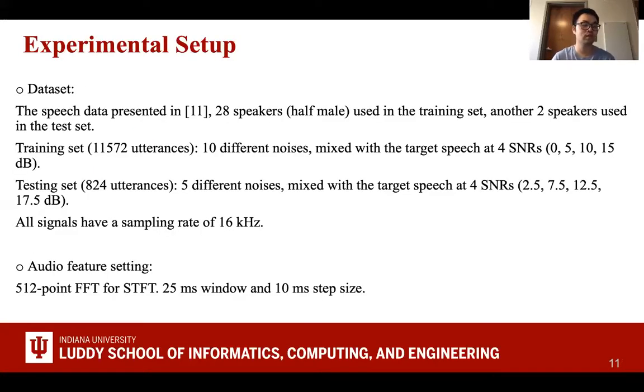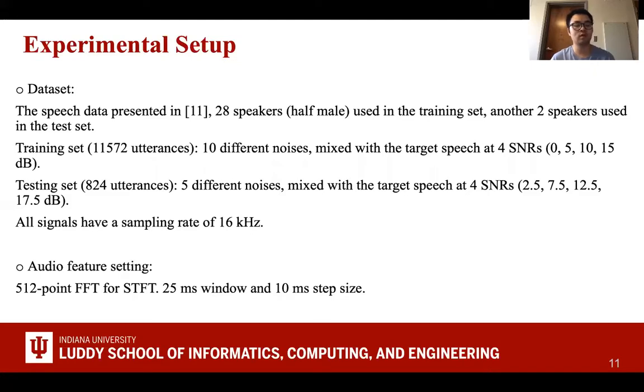So in terms of the experimental setup, the dataset we used is presented in the PIRA studies, where there are in total 28 speakers. Half of them are male speakers used in the training set, and there are another 2 different speakers used in the test set. In the training set, there are more than 11,000 speech utterances mixed with 10 different noises at 4 different SNRs: 0, 5, 10, and 15 dB.